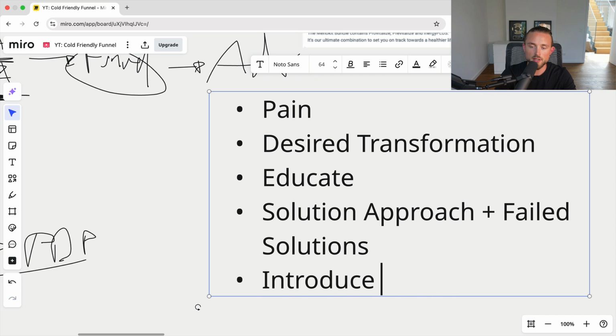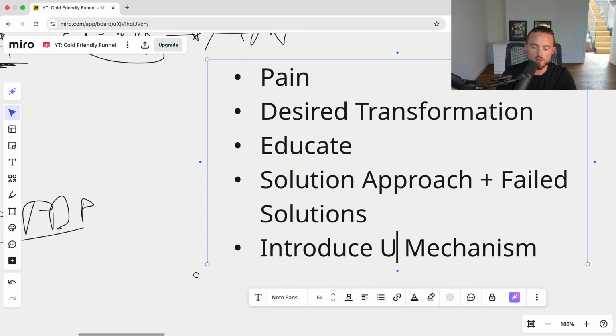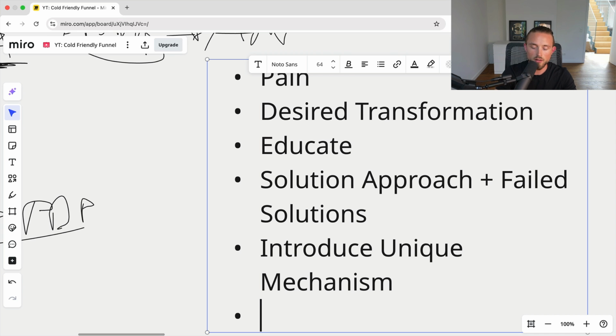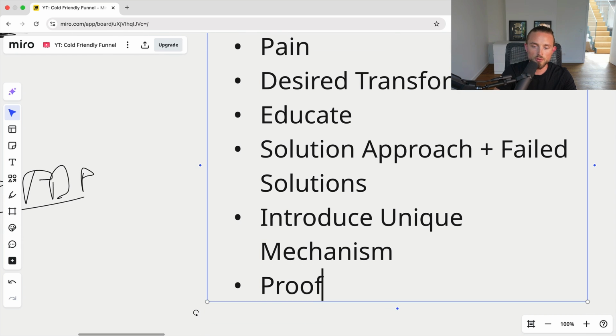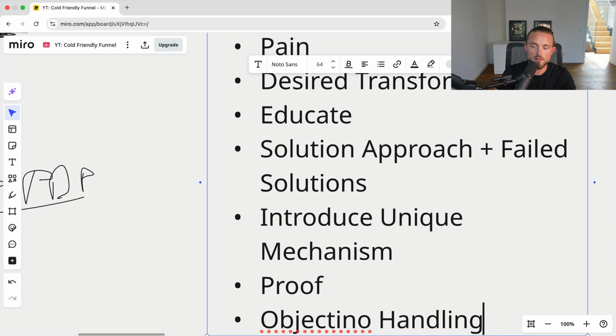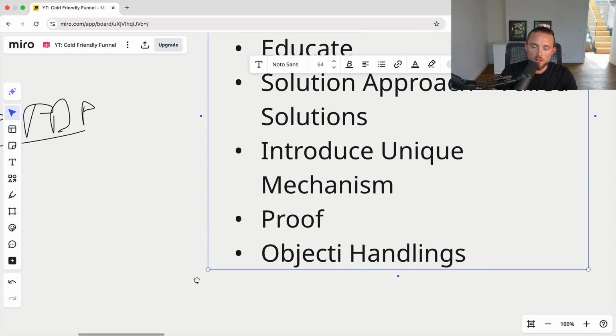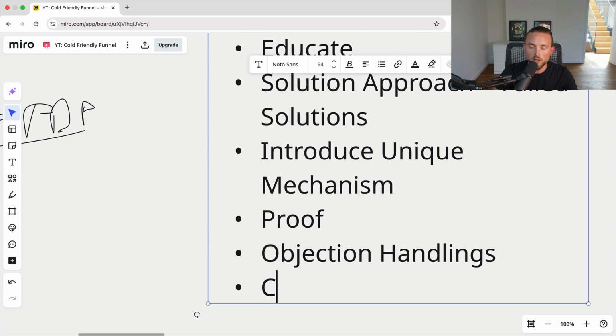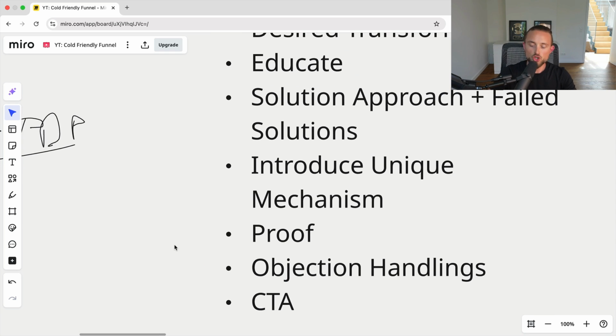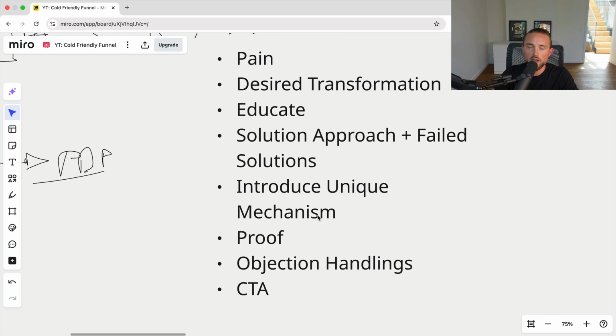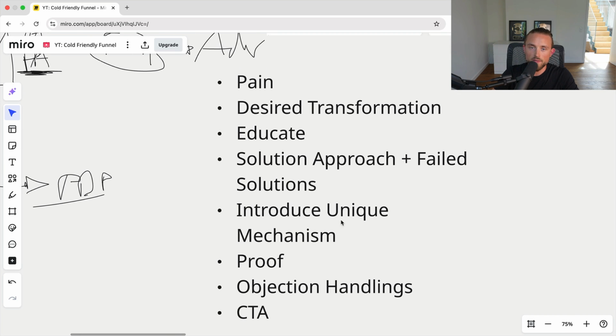And then we introduce a unique mechanism that's now going to solve everything. And then we show them some proof, we handle their objections, and then we have a call to action. That's the general idea of how we build advertorials and the basic format.